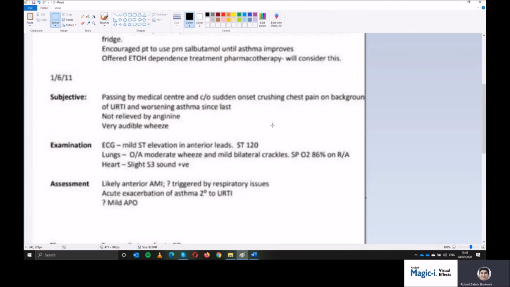Okay. He was passing by a medical center and complained of sudden onset crushing chest pain on a background of URTI and worsening asthma since last... what? Not relieved by GTN. Okay, so this is probably significant. ECG: mild ST elevation in anterior leads. What is ST 120?